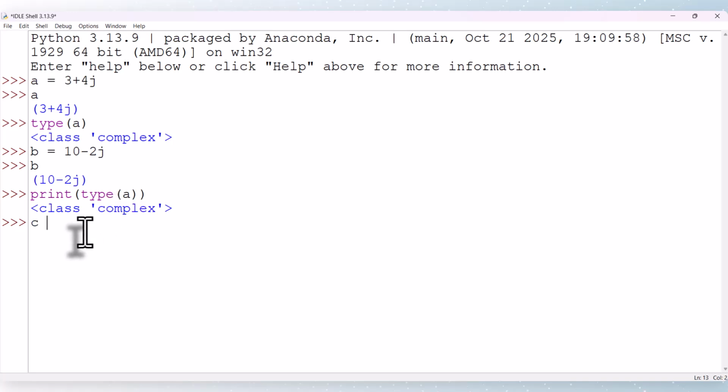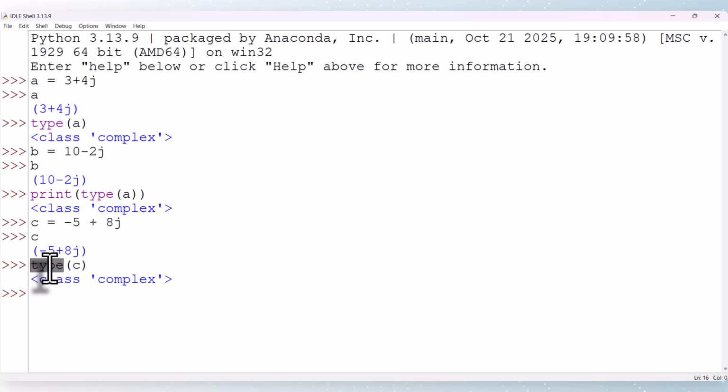You can even take c equal to minus 5 plus 8j. If I print c and type of c, again it is a complex number. You can see the type using the type function. So this is a basic example.